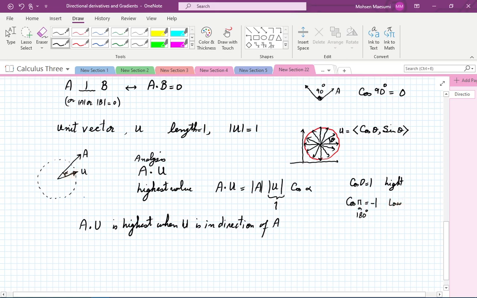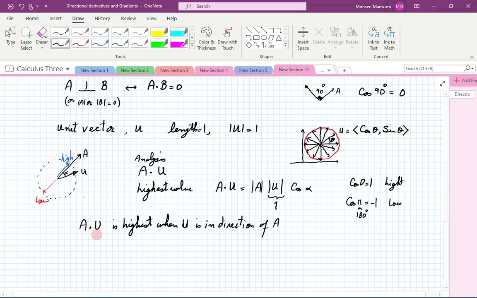So when alpha is 180 degrees, meaning U has to be pointing in this direction. So this is going to be the lowest value, and this is going to be the highest value. When U is in the direction of blue, we get the highest value. When it's in the direction of red, we get the lowest value.